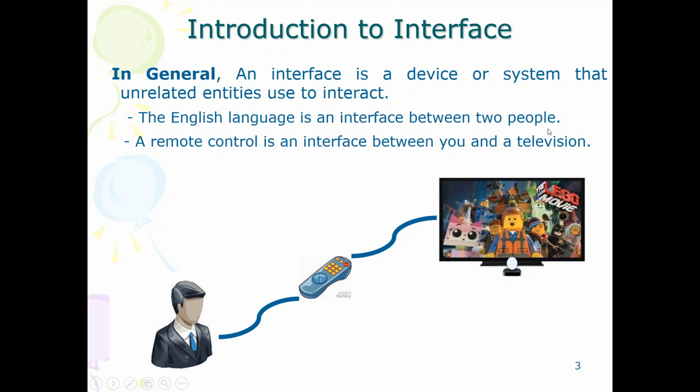Language communication is the first interface. A remote control is an interface between you and a television, right? If I want to watch television movies and there is a remote control in my hand, it acts like an interface between me and the television. This is a real scenario example of what exactly an interface is, something like a mediator between a TV and me.